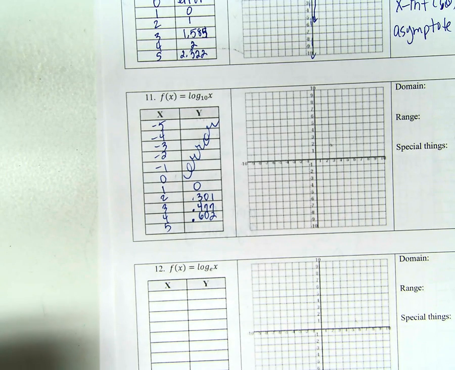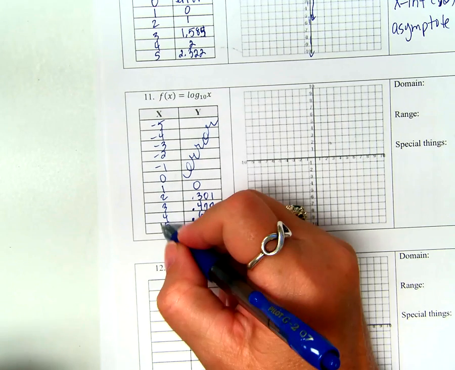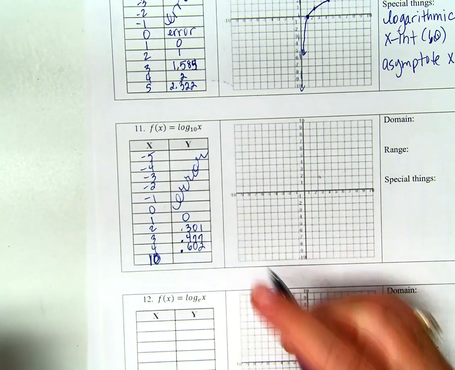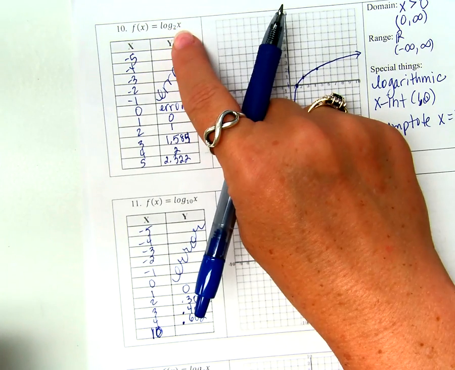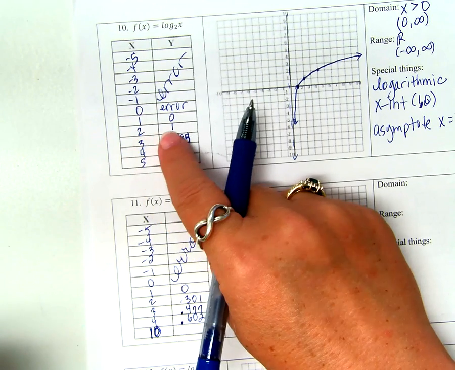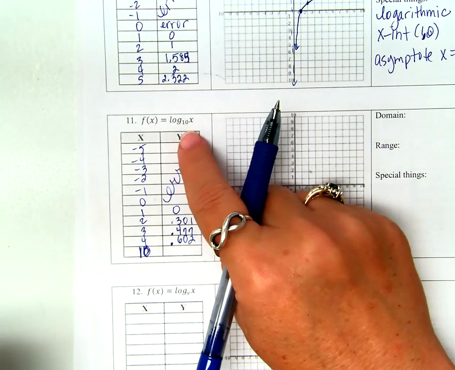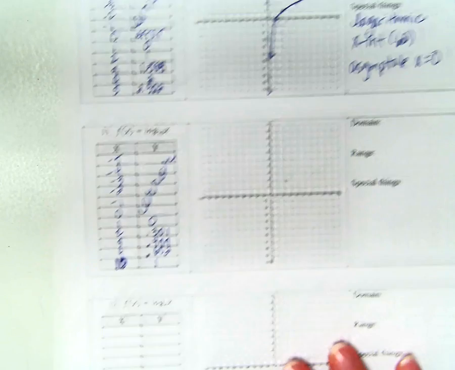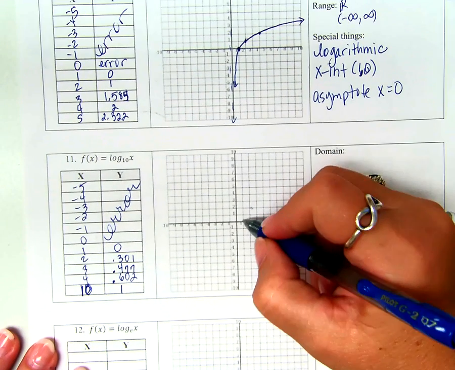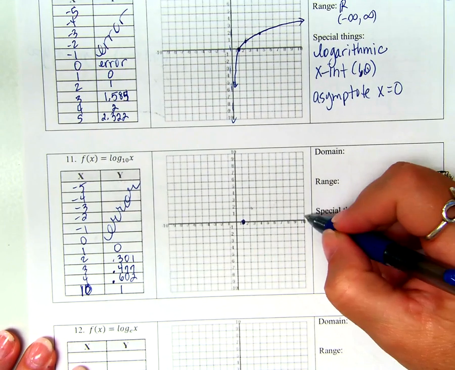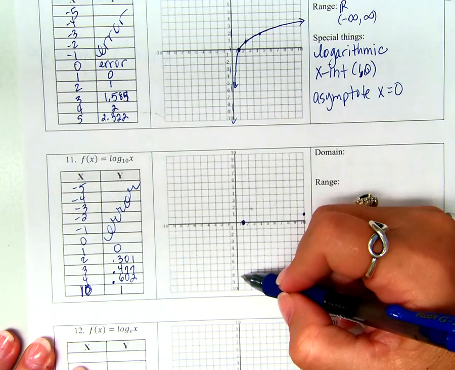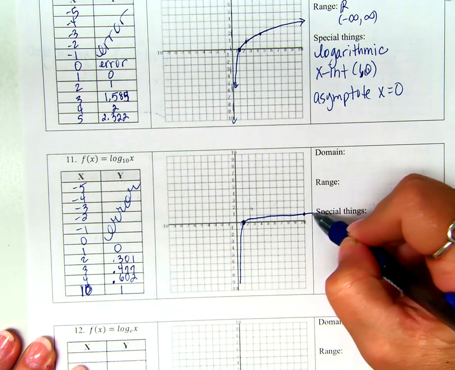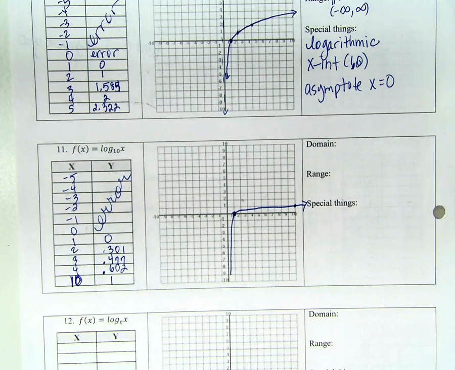We're going to change the 5 to a 10. Let's guess what the 10 is going to be. Now, the base up here was 2, and look what 2 was. 1. The base up here is 10. Guess what 10 is? 1. So this one crosses here, and then here. So it still does that thing right there, but it's really kind of shallow right there.